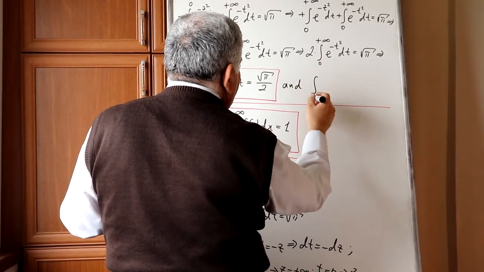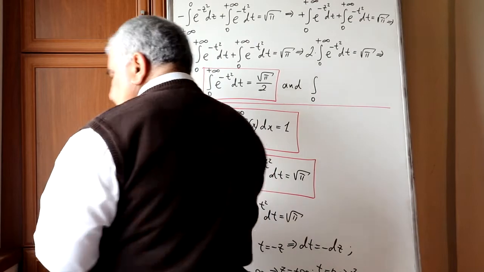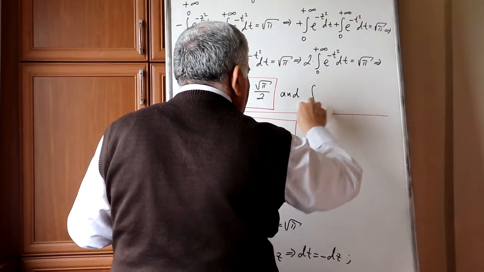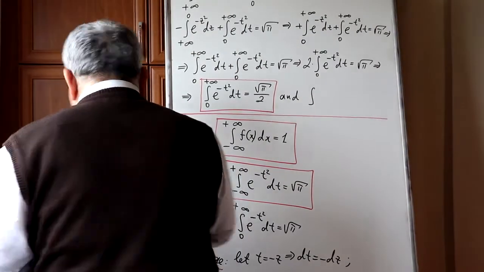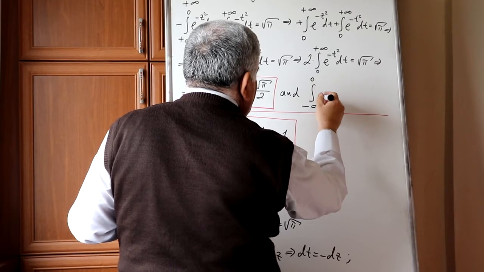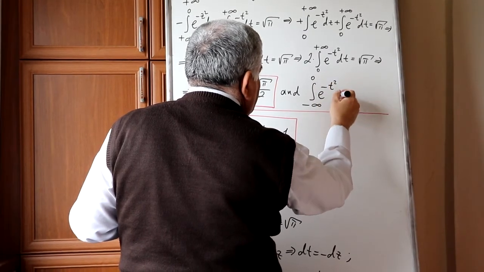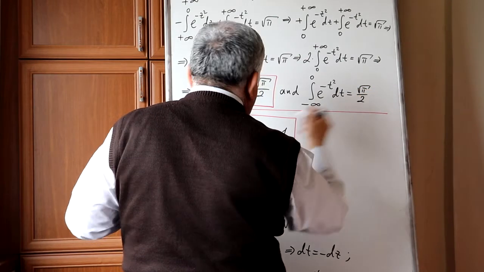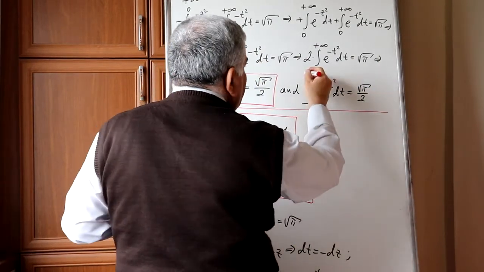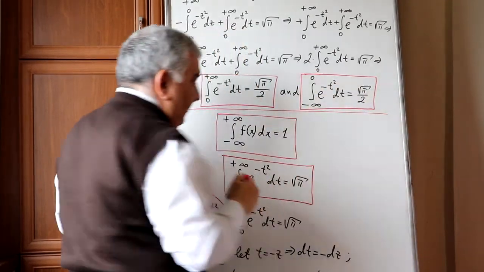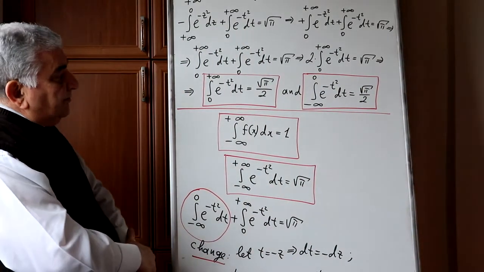And integral from minus infinity to 0 of e raised to minus t squared dt is square root of pi in half. These formulas will be used in future.